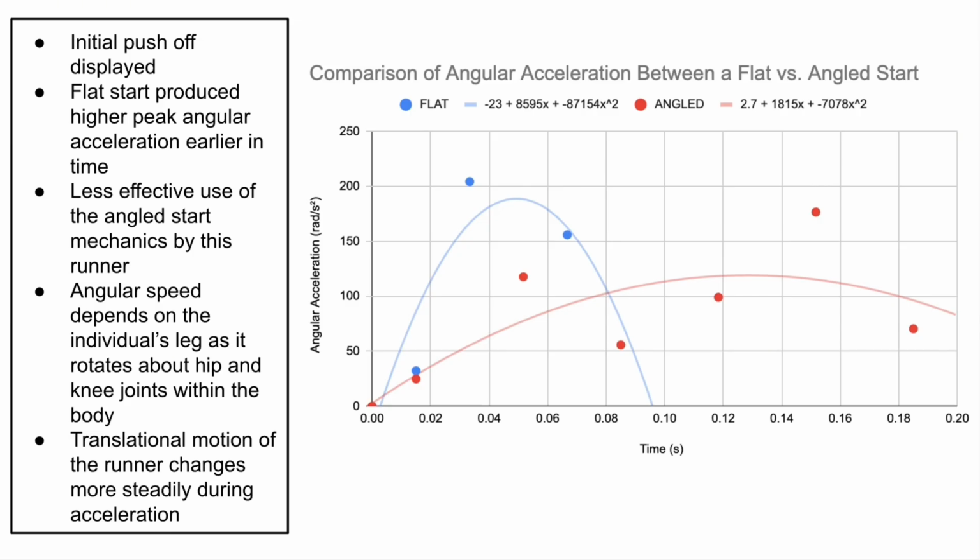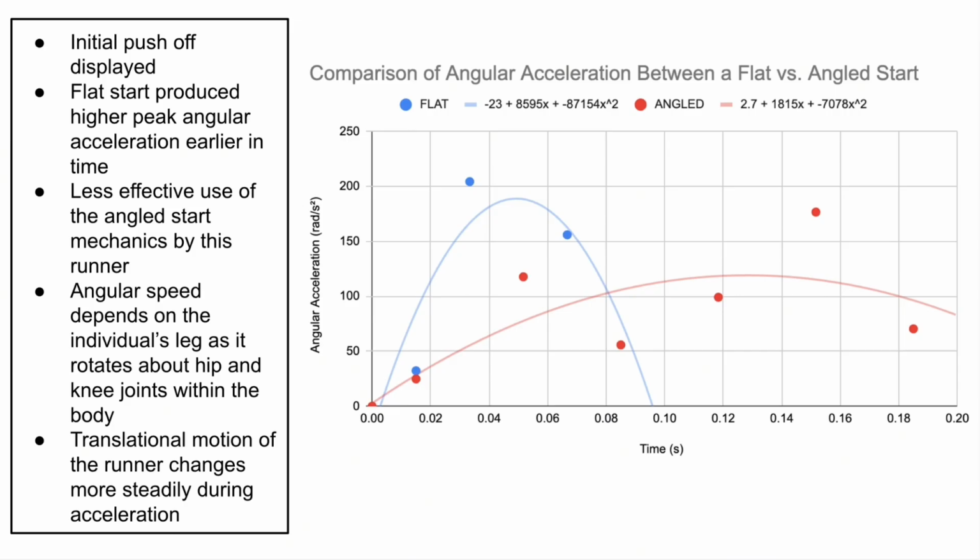So this actually showed that for Will, his flat start produced higher angular acceleration. That makes sense because while Will's translational acceleration was higher with the angled start in the beginning, he is a distance runner on the track team, so he is much more used to starting flat-footed, which gets that angular acceleration to be a little bit higher for him when compared to angled.